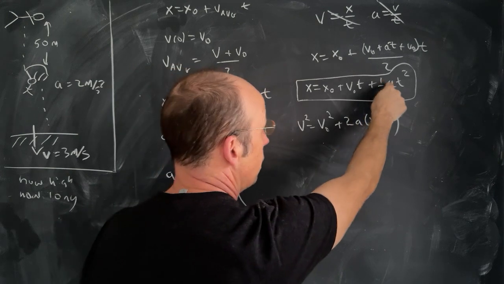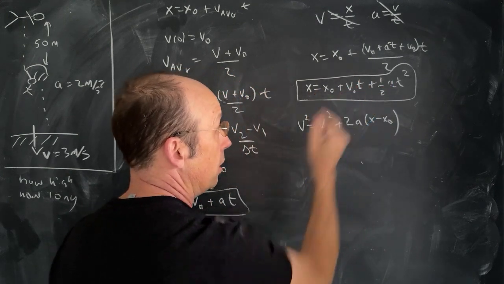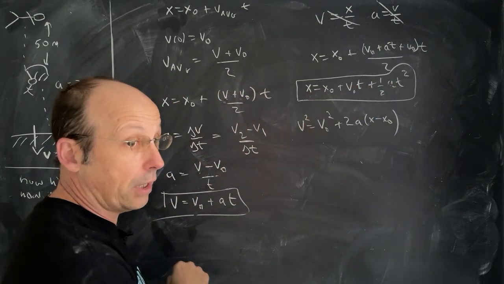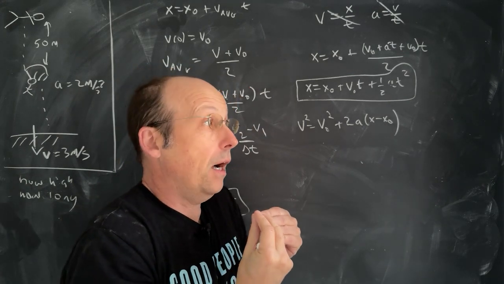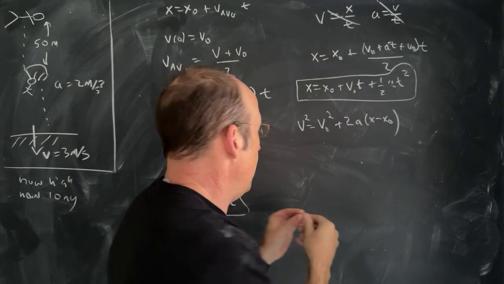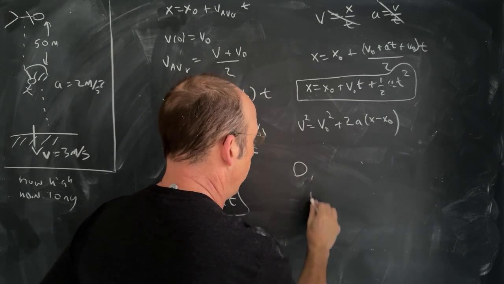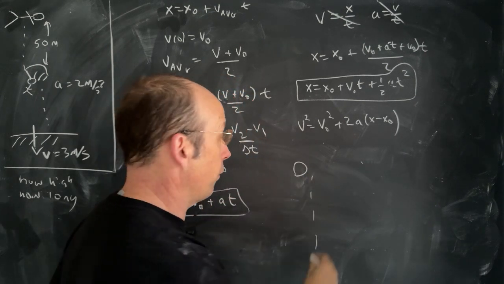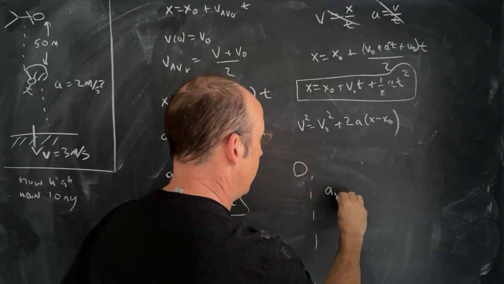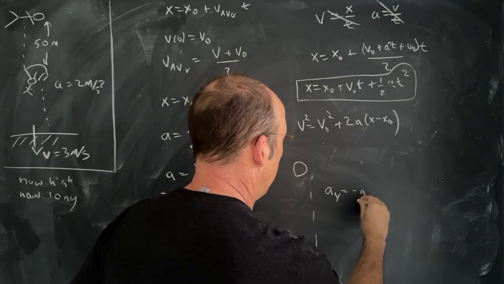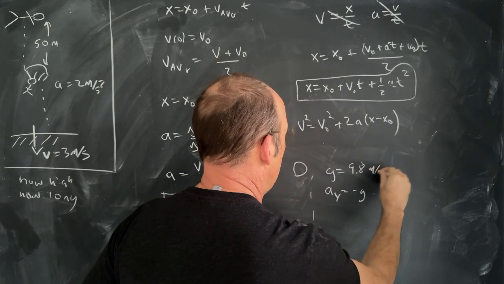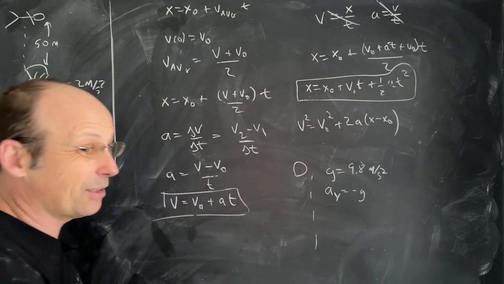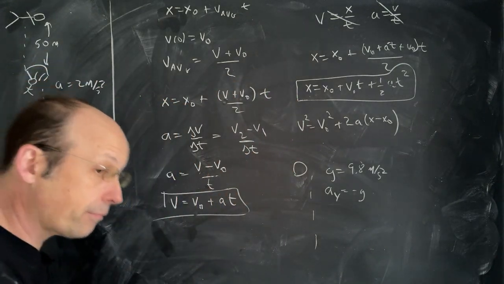If we know the acceleration, we can find the change in position and the change in velocity. One other thing: it doesn't say this in the problem, but if you let a ball fall with no other forces on it, it will have an acceleration in the y direction of negative g, where g is 9.8 meters per second squared. I think it says that somewhere in the chapter, but we're going to use that.